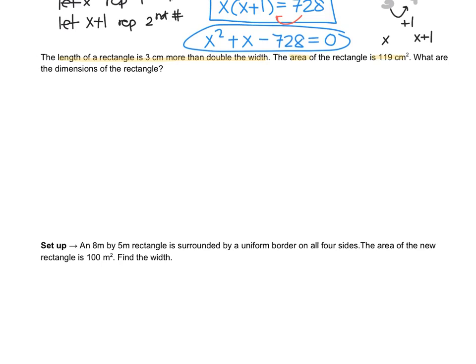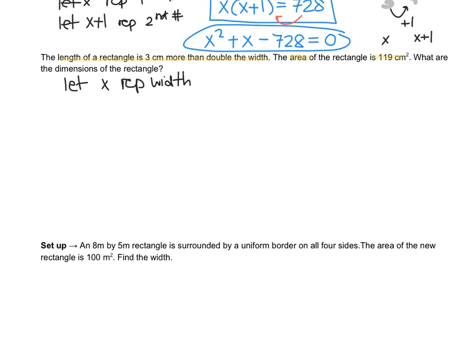So I know I need to find length and width, so those would be my let statements. But I do have a nice statement here where it says that the length is 3 more than double the width. So because the length is given in terms of the width, I'm going to say let x represent my width.